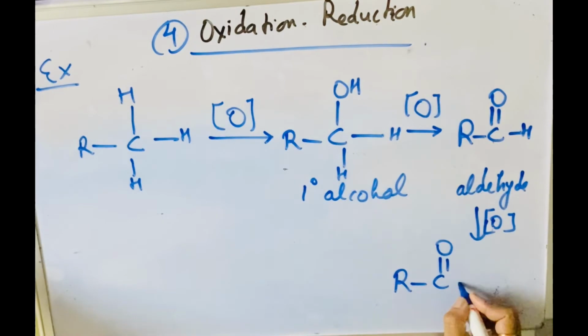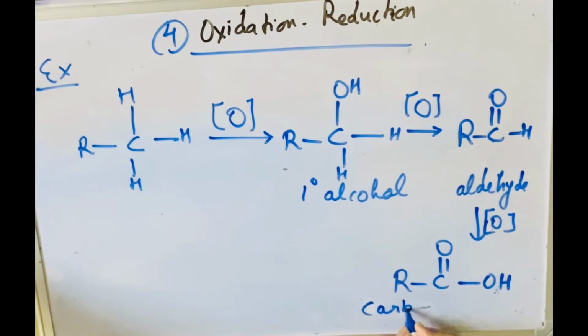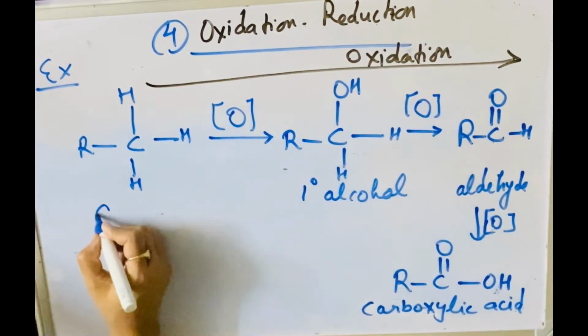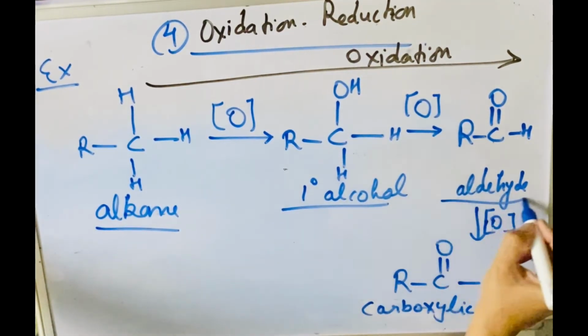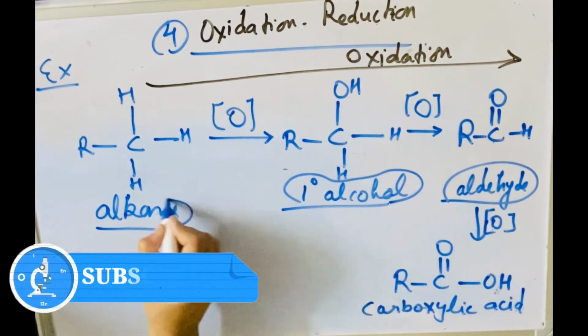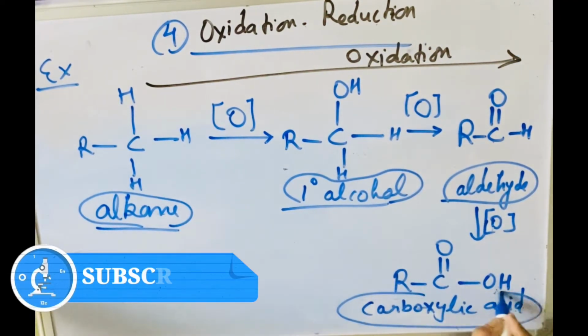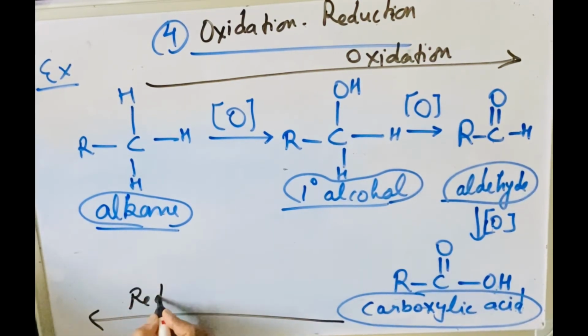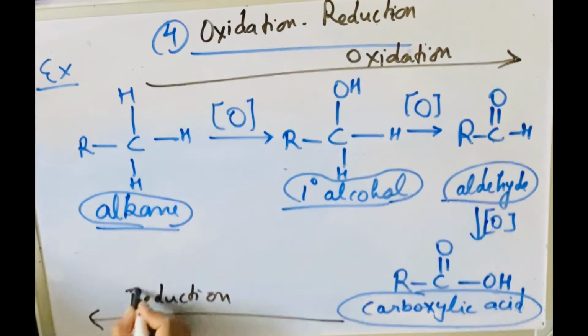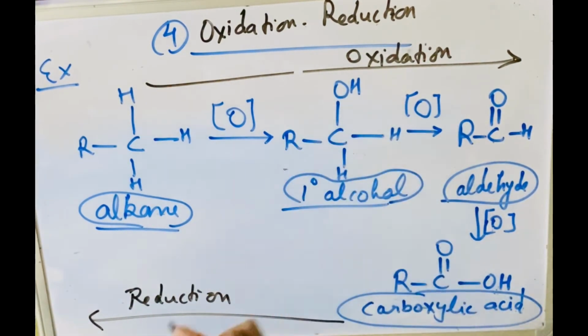This will remain the same, and on this carbon, oxygen will attach, forming carboxylic acid. The reaction from left to right is oxidation, as the alkane converts to primary alcohol, then aldehyde, then carboxylic acid. And the opposite of this whole process is reduction. So this is called oxidation reduction reaction.